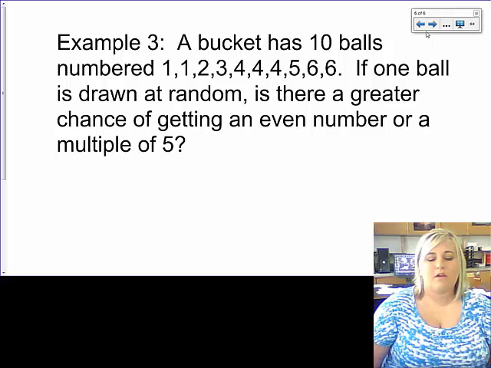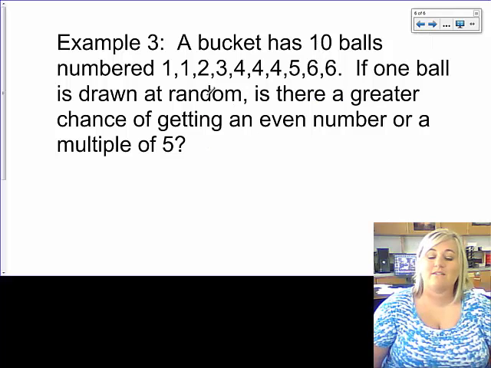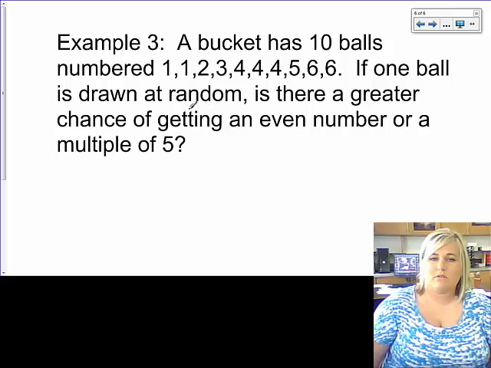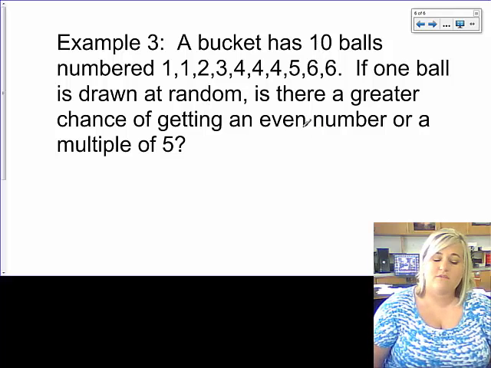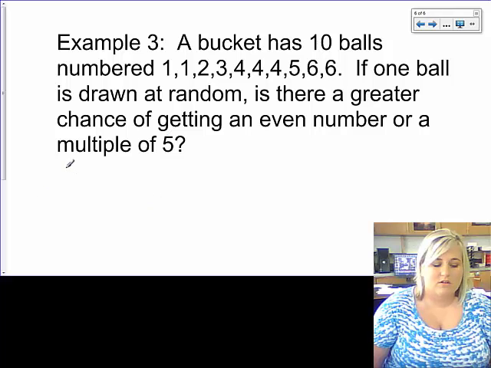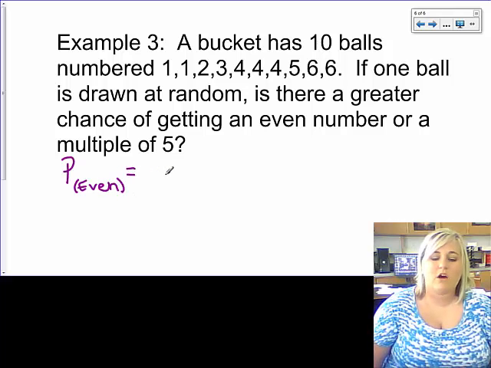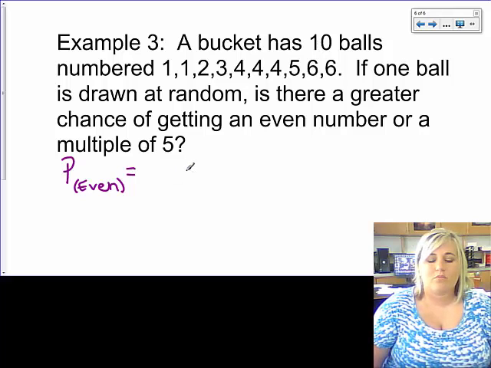A bucket has 10 balls numbered 1, 1, 2, 3, 4, 4, 4, 5, 6, and 6. If one ball is drawn at random, is there a greater chance of getting an even number or a multiple of 5? So let's find the probability of getting an even number first. That means the number of even numbers will be my numerator, and the total number will be my denominator.